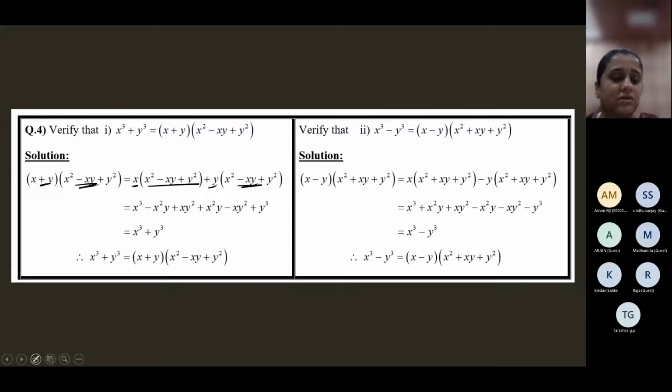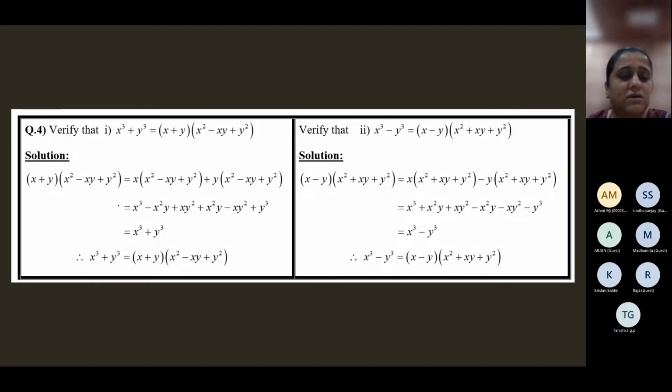Yes or no, children? Understand how to multiply? Yes, ma'am. All right, children. So you know x into x square is x cubed, x into minus xy is minus x square y, and so on.